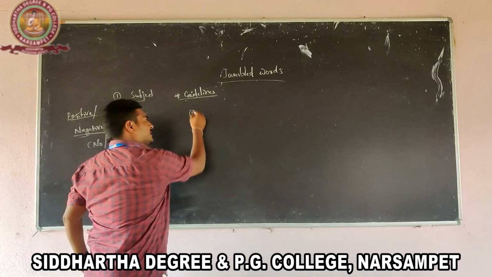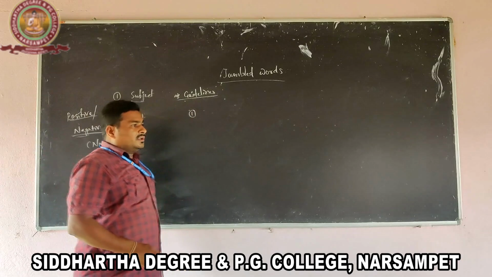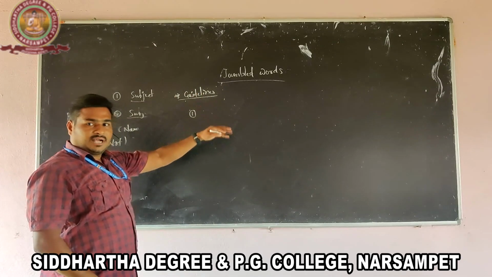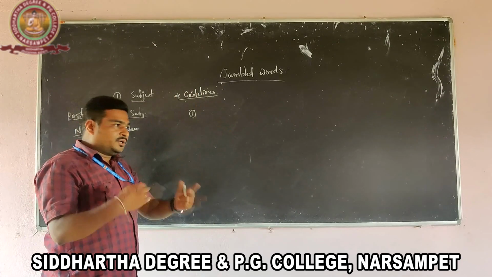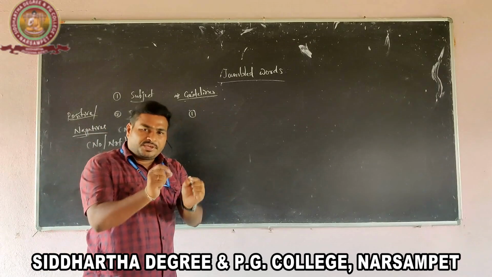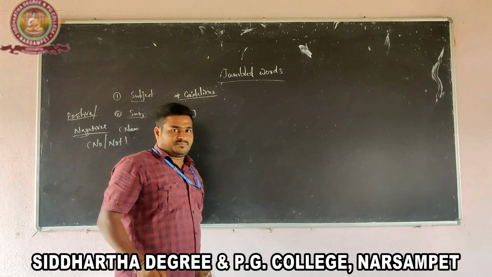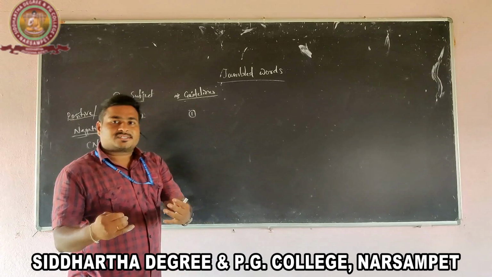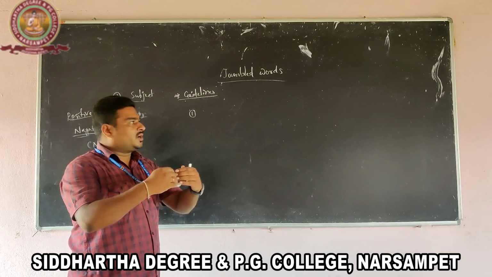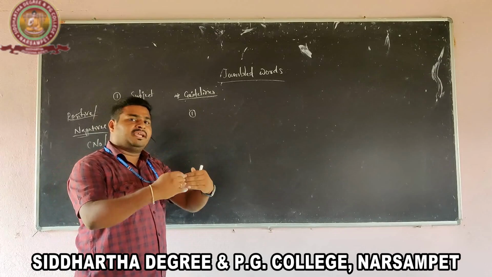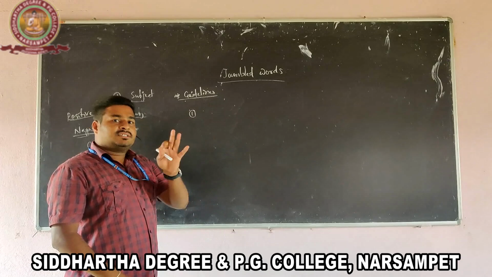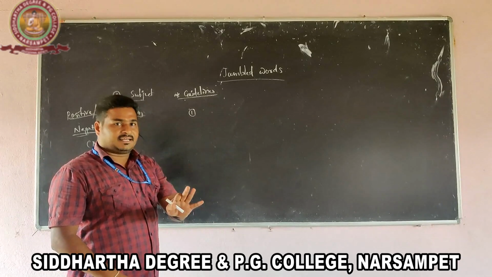In that, the first one is: after getting the words, the first thing we do is understand the basic meaning of the words. Without understanding the meaning, we cannot solve the jumbled words, which means we cannot rearrange them into meaningful sentences. So first, better understand the meanings of the words very clearly.